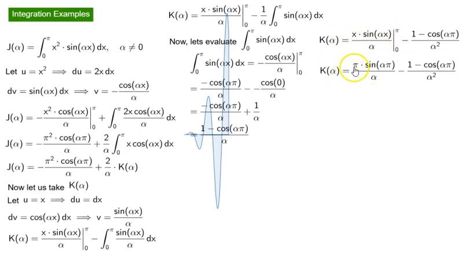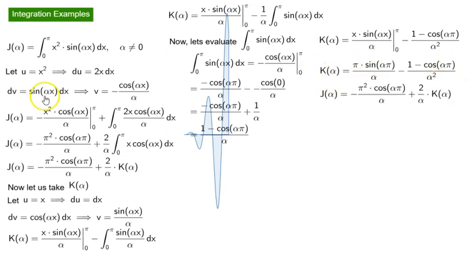Taking care of the limits, we get pi times sine alpha pi by alpha, but when we apply 0, the term disappears. So we have pi times sine alpha pi by alpha, minus 1 minus cos alpha pi by alpha squared.